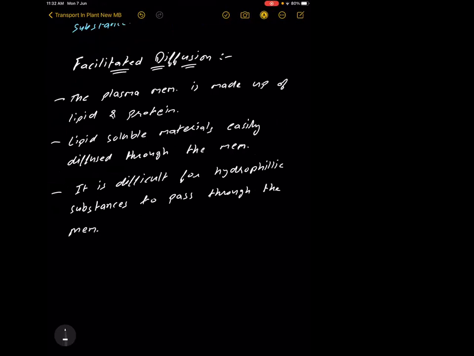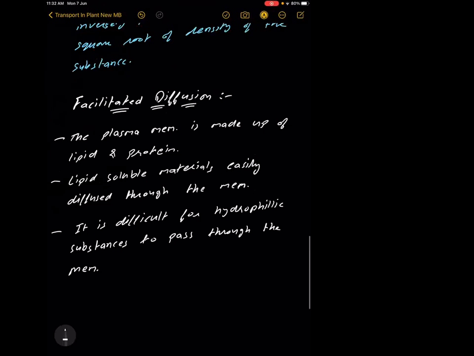Sir, can you give an example of a hydrophilic substance? Hydrophilic substance is anything which is combined with water, or water itself. Any material combined with water or which is hydrophilic. Some protein parts are also hydrophilic. Means everything except lipid.